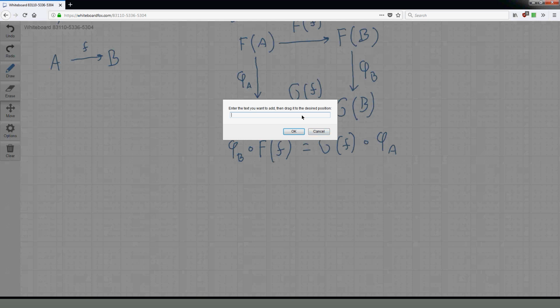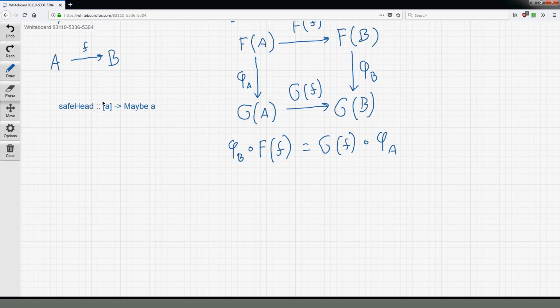What I had you write was the safe head function, right? And that was a function from a list of A, and A is just an arbitrary type variable here, to Maybe A. Now, since the list is a functor, as we've seen, and the Maybe is a functor, this ends up being a natural transformation, which is convenient.